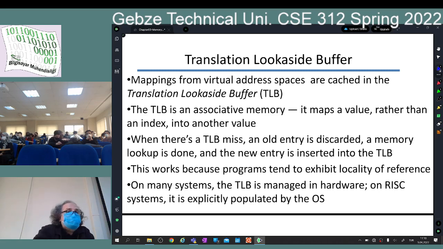So when there is a TLB miss, what does that mean? I need to get that entry from the main memory, and I need to replace one entry inside my TLB. And this works because of the same principle: our programs tend to exhibit locality of reference.